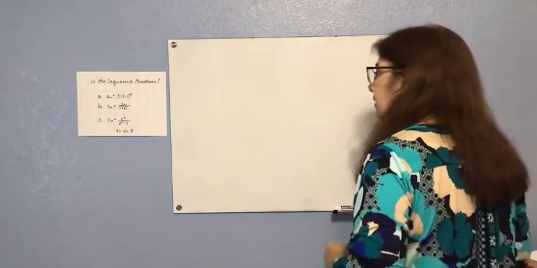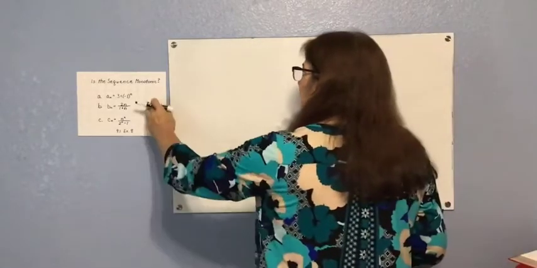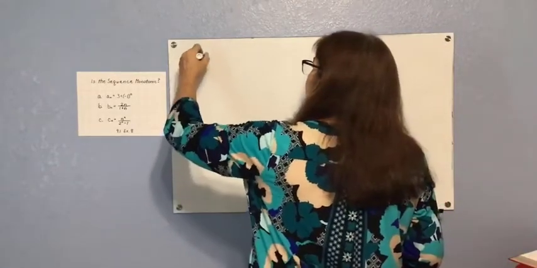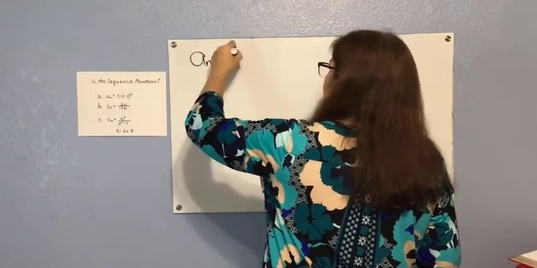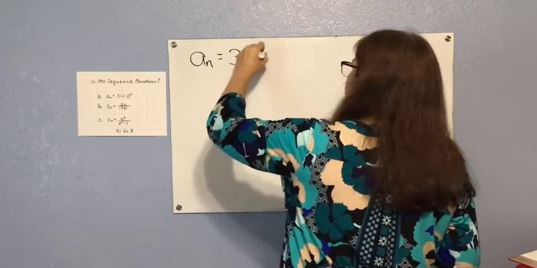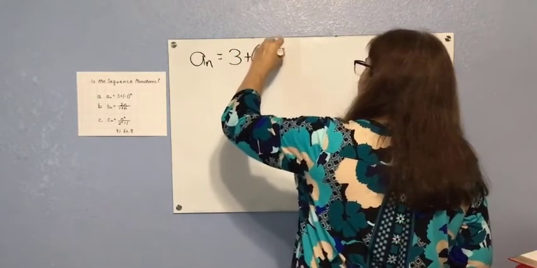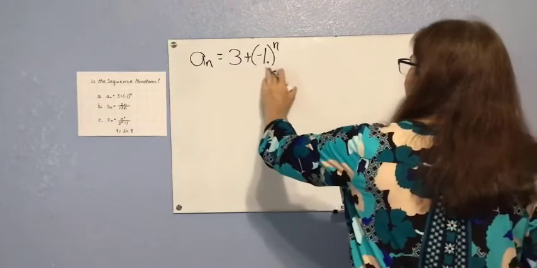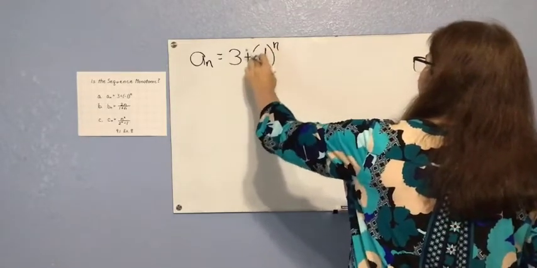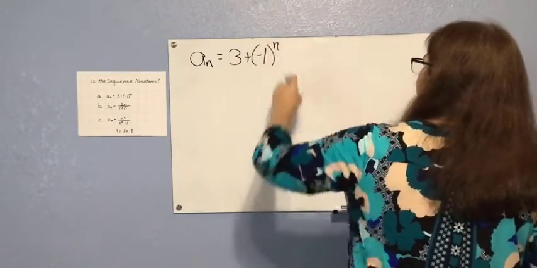Okay, let's look at some sequences and see if they are monotonic. We've got a sub n equals 3 plus (-1) to the n. Okay, and this is kind of a real giveaway when I have a negative number to the n power.